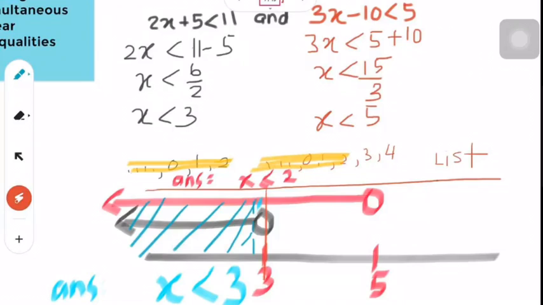Because of the empty circle, 3 cannot be taken, so you write x is less than 3 like this. Next we will look at the second example. I prefer to use the number line.